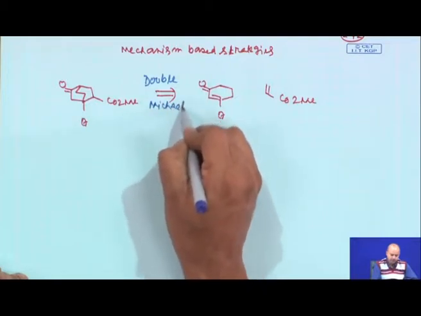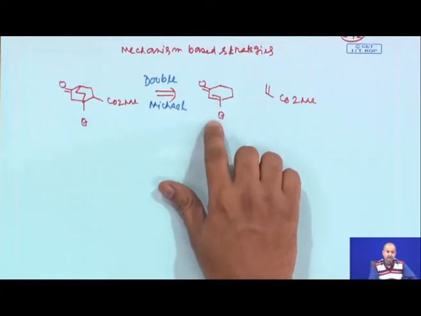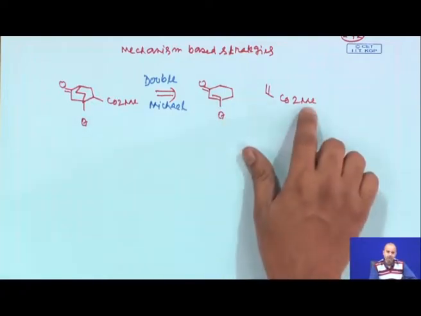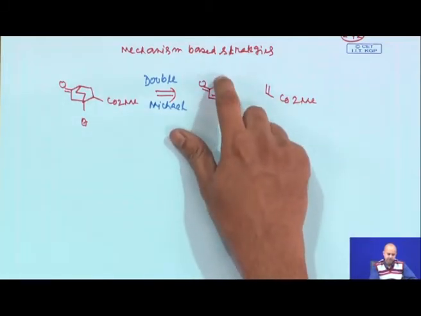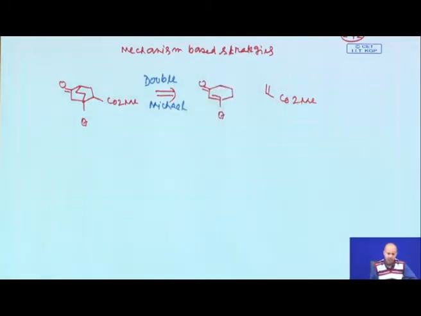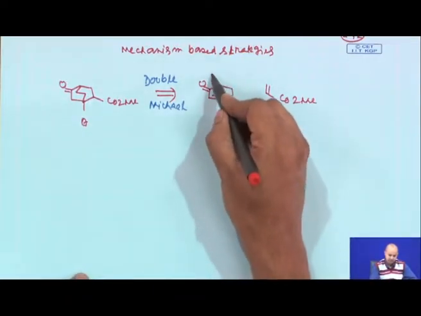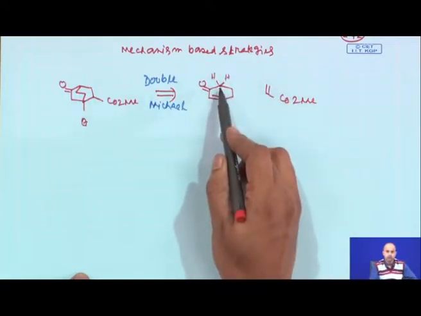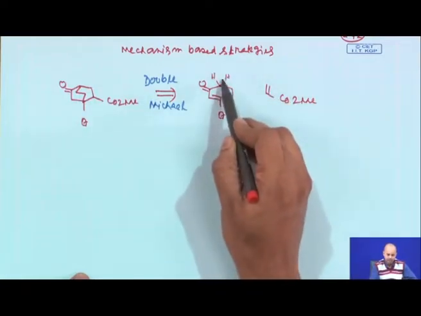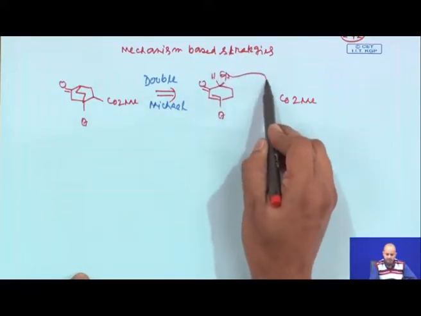If you see the structure, the left hand side compound is a Michael acceptor, the right hand side is also a Michael acceptor, but in addition the left hand side compound can have an acidic hydrogen here. So, these hydrogens are acidic, which can be easily picked up to generate a nucleophile. If you pick this hydrogen to generate a nucleophile, it attacks here.